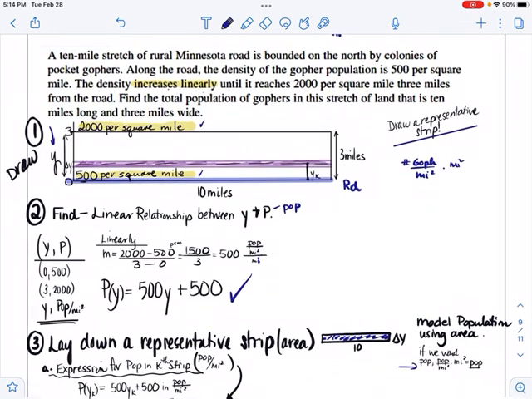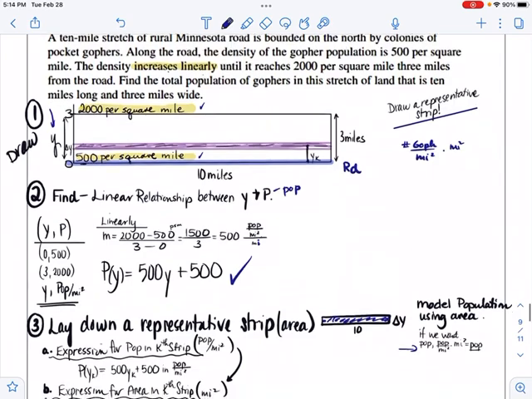Because remember, we have a representative strip, and wherever that is, we use that to get the population per square mile for the kth strip.